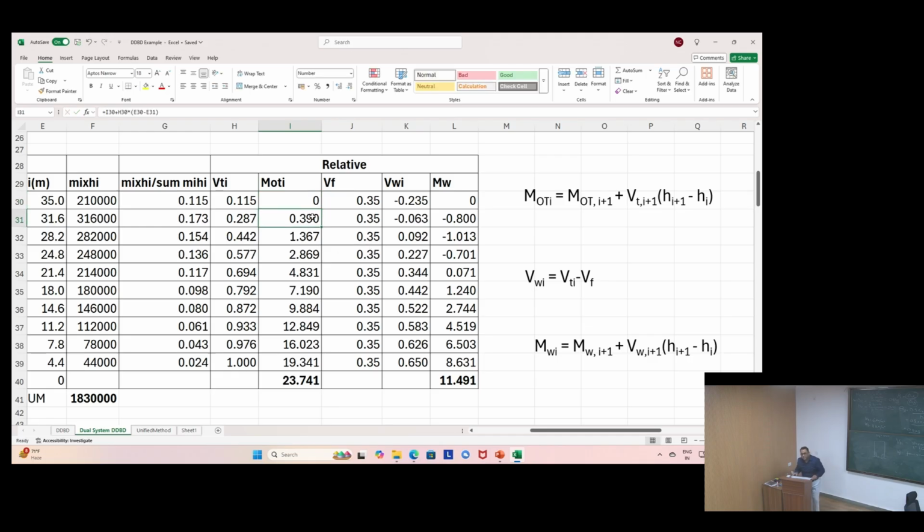So, okay, another trick. Moment at the top of the building is 0. So just populate 0, right? Now work your way backwards.